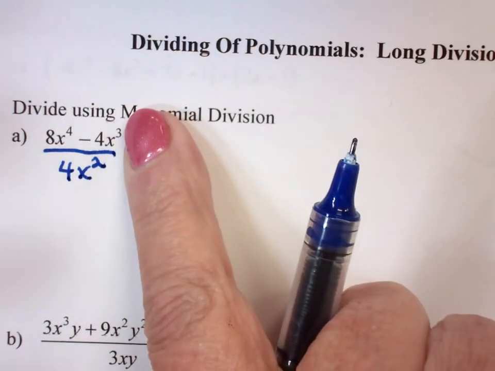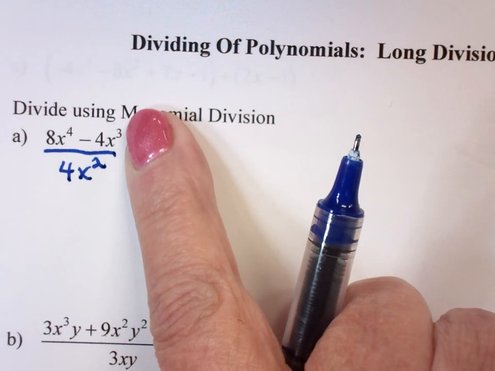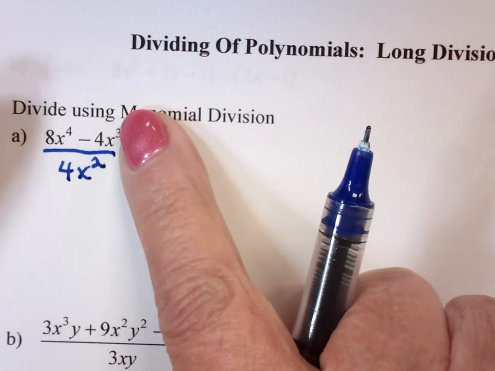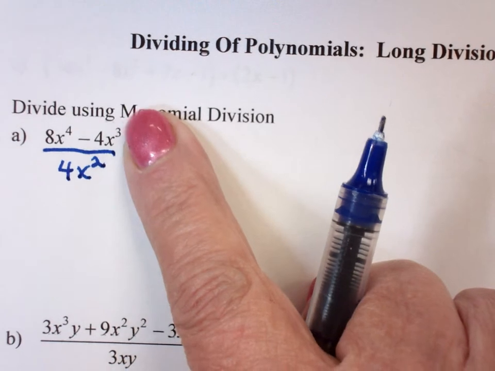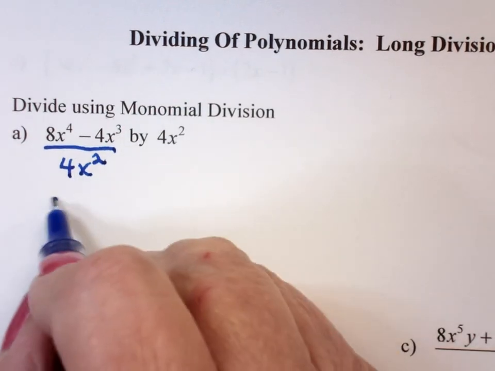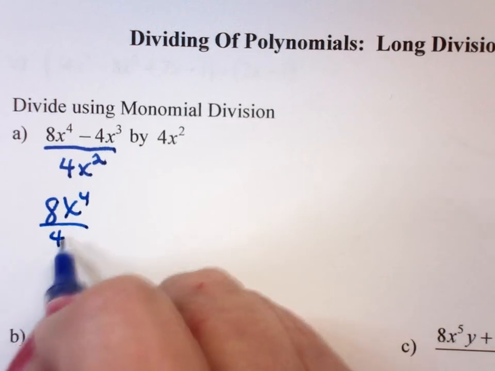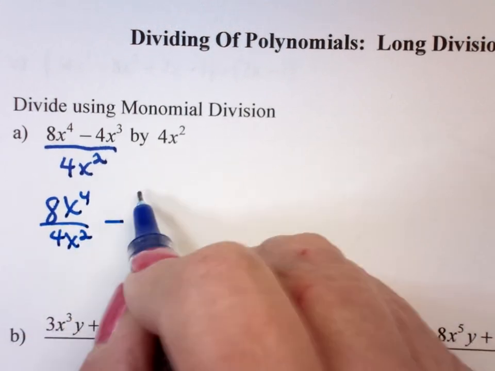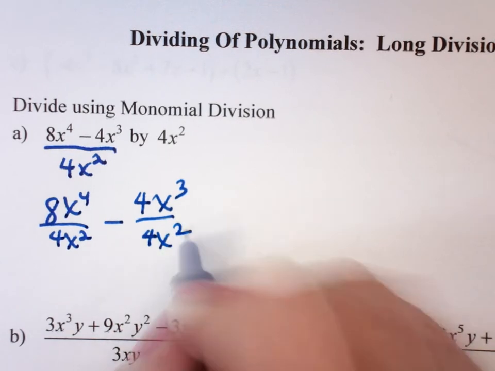Now you don't do a long division on this. Why? Because unless you know what you're doing, you're not going to end up with the same answer. But keeping in mind what we've done with same denominators, take a look at how I rewrite this. This is 8x to the 4th over 4x squared, subtract 4x cubed over 4x squared.